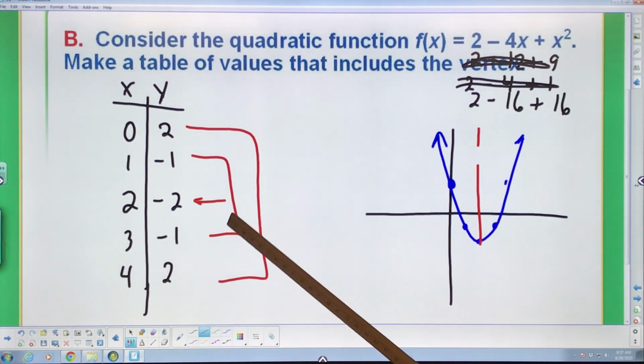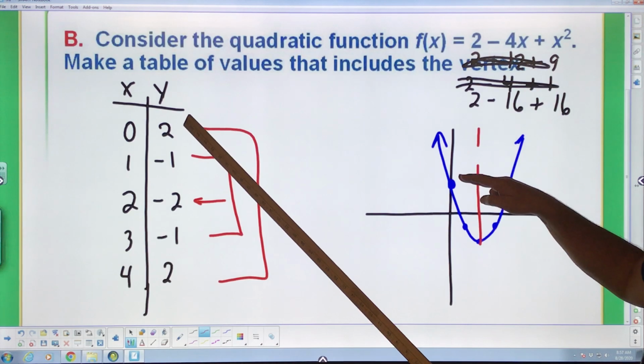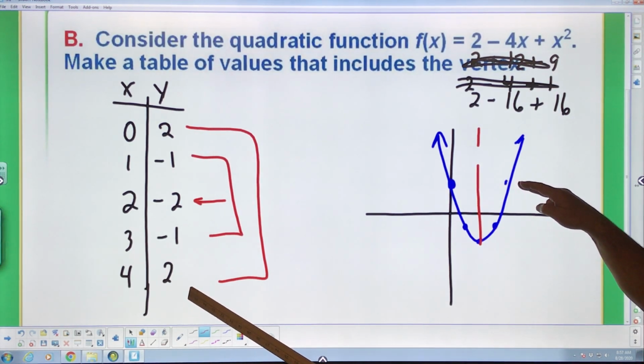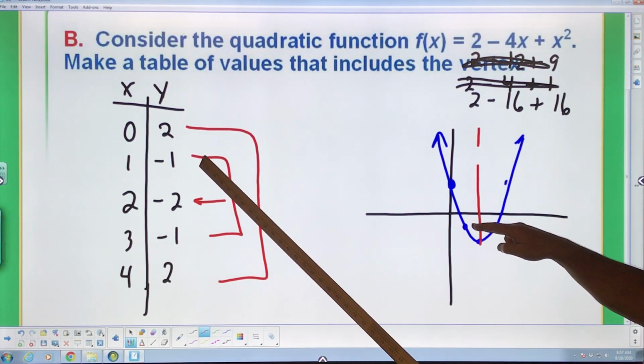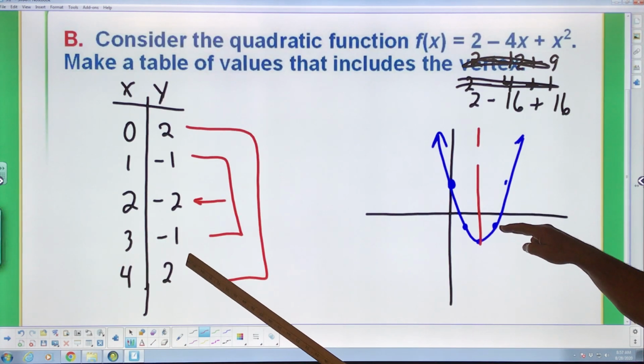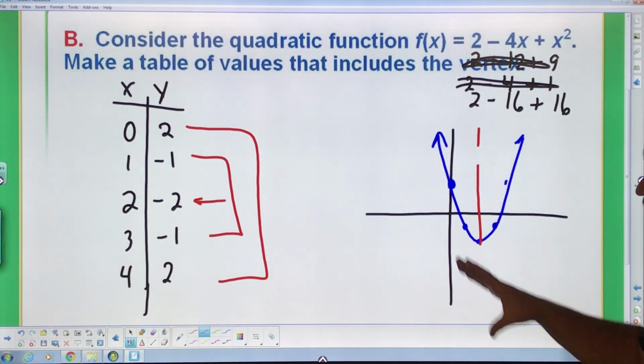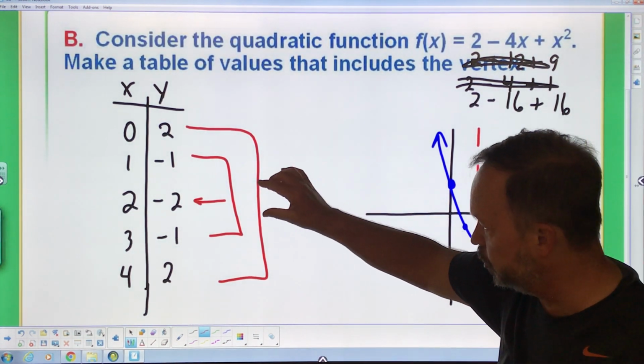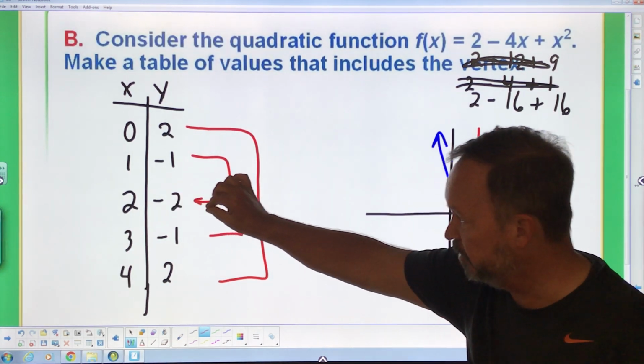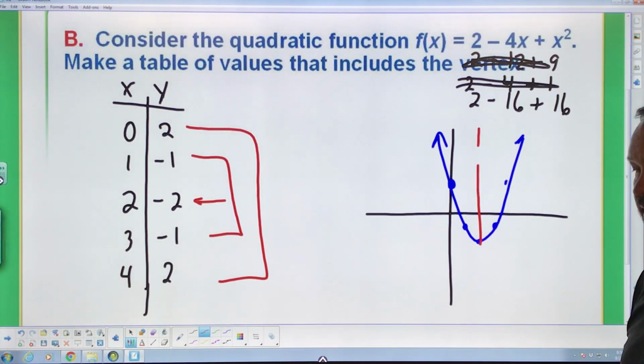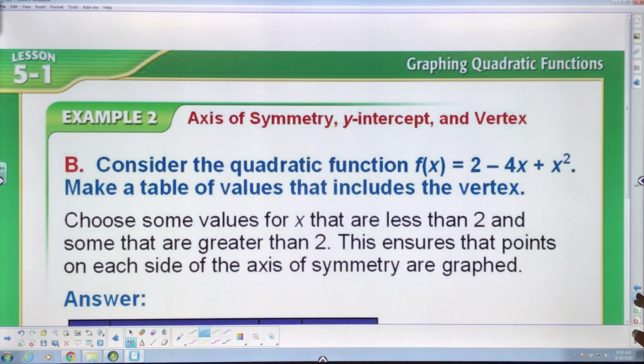So for every point here up 2, we have to have another point over here up 2. And for every point here down 1, we have to have another point over here down 1. And that's neat how that works. And as we look at those, it closes in on the vertex. That's pretty neat. We'll see how that works and helps us in other ways as we go along as well.